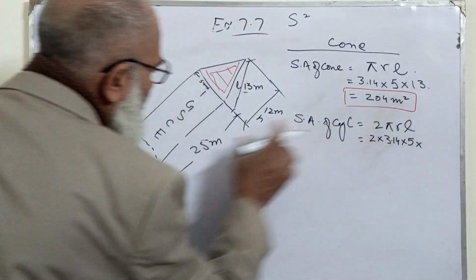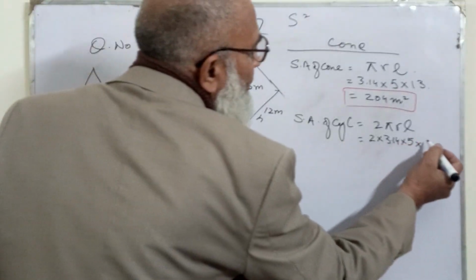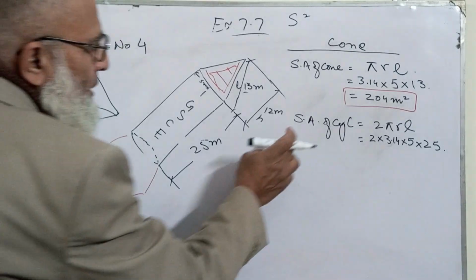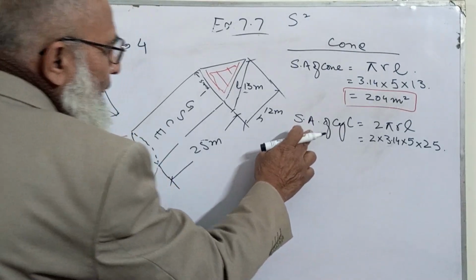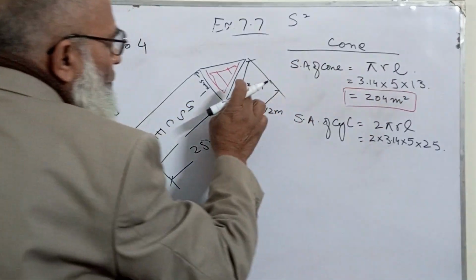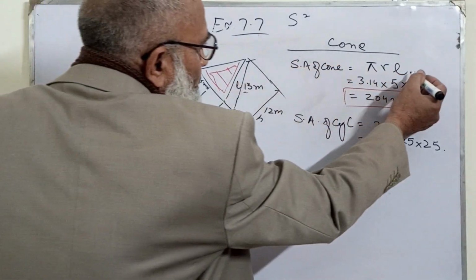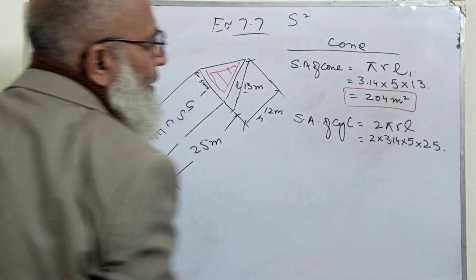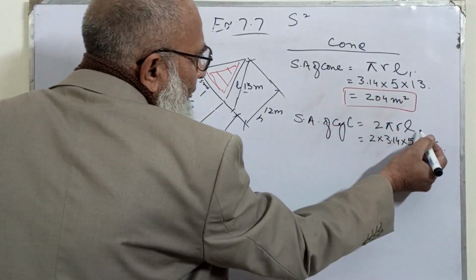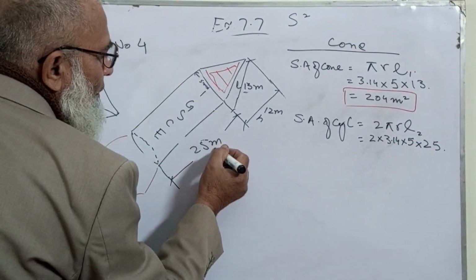Now this l becomes this 25, because we are finding the area of the cylinder now. Therefore, if you want to do it separately, it will become L1 and L2. This is L2.